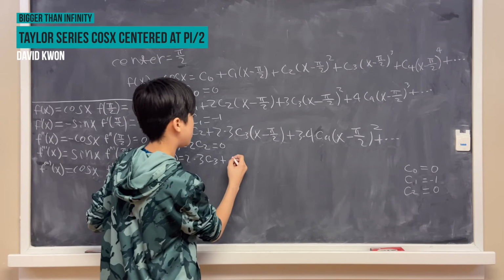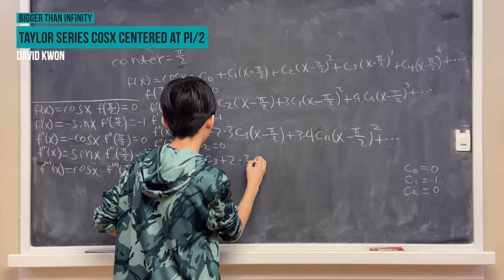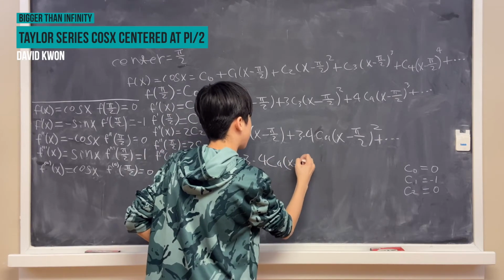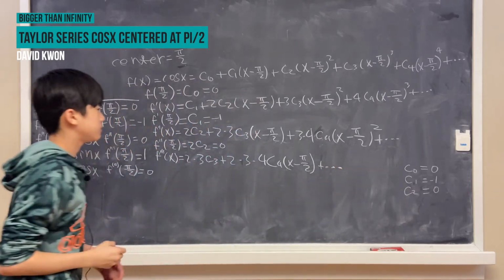Another mistake. So we have now 2 times 3 times 4 times c sub 4 times x minus pi over 2 plus dot dot dot.